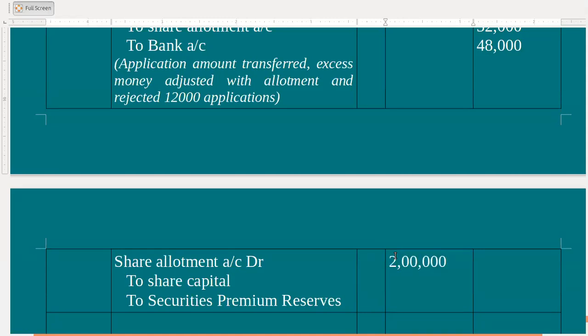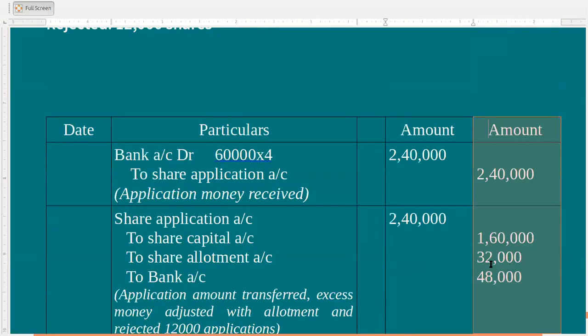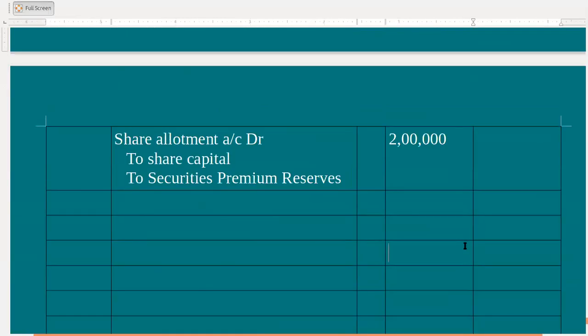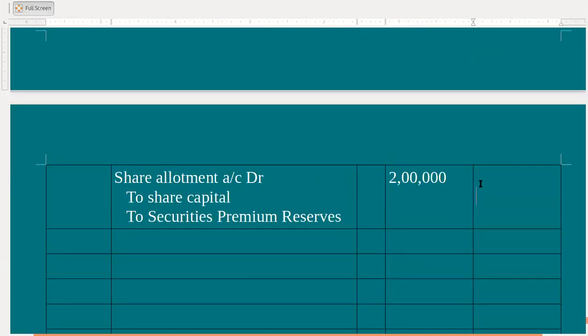How much amount can we transfer to share capital? 40,000 into 3, 1 lakh 20,000. Fine. And to securities premium? 80,000.